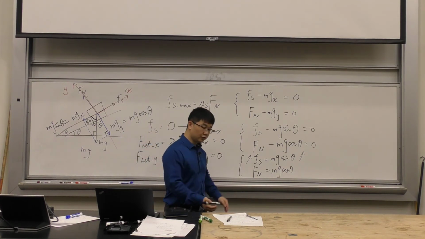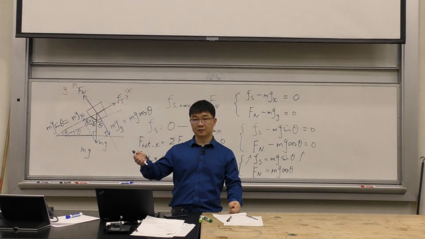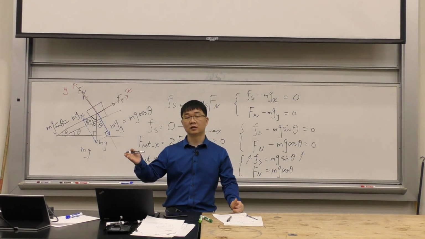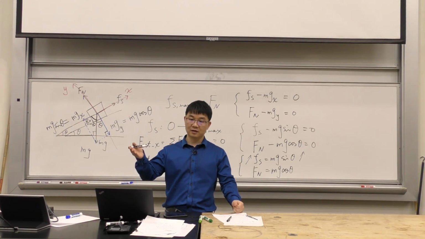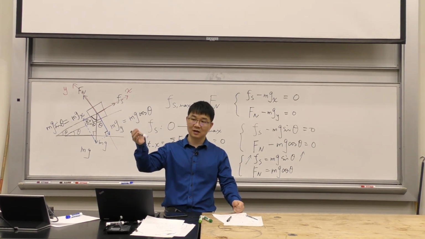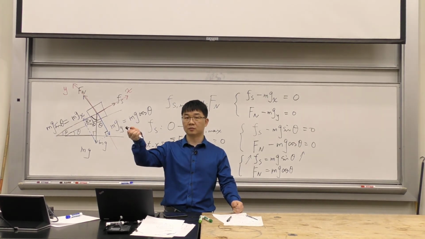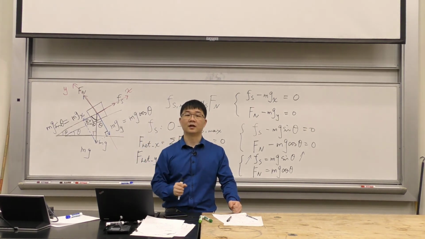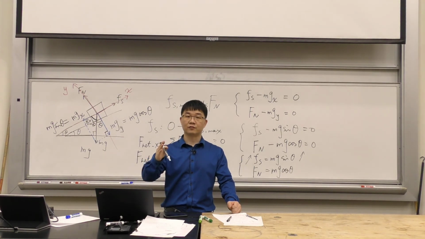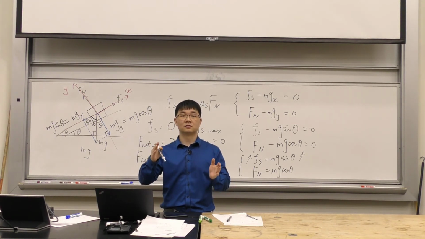So if you keep raising this incline very slowly, it's going to stay there, stay there. At some point, once you have reached the critical angle, this block is going to start to slide down. That's when the static friction force has reached the maximum.